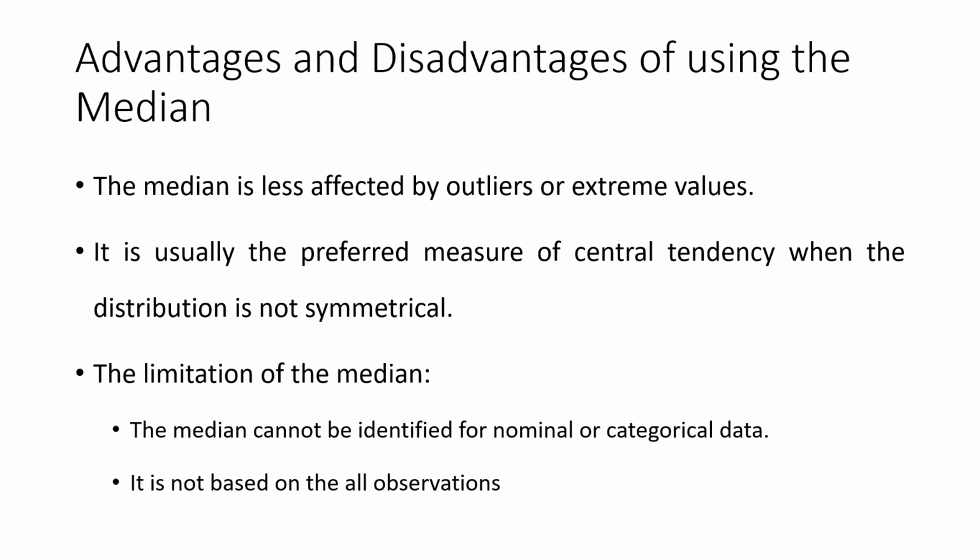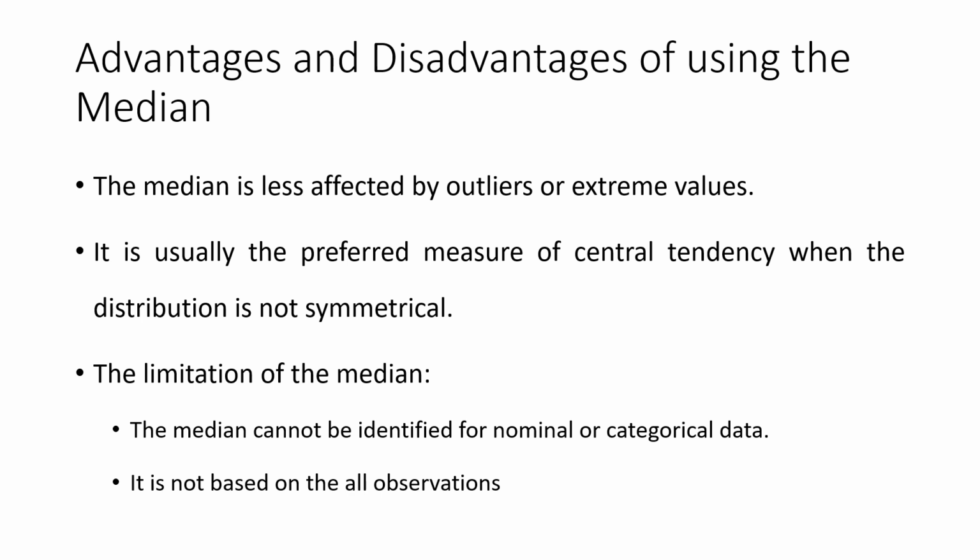It is usually the preferred measure of central tendency when the distribution is not symmetrical. The limitation is that it cannot be identified for nominal or categorical data, as we said earlier, and it is not based on all observations. You just look at positioning to identify the number at the center.